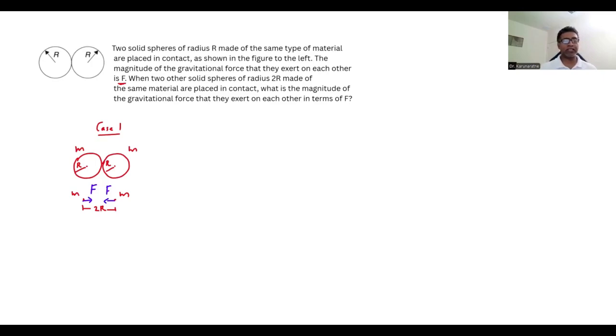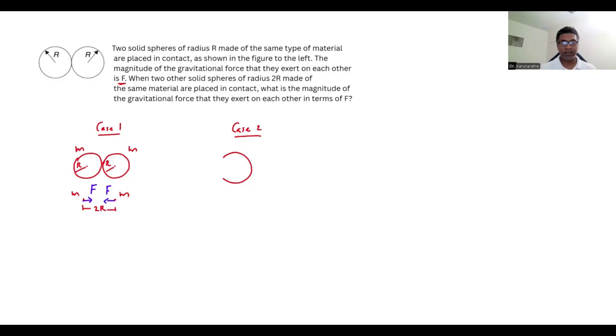Now let's look at case two. Case two, we have two large spheres, each one having twice the radius of the original one, and they are made out of the same material like the previous one, and they are also in touch with one another. So like this.